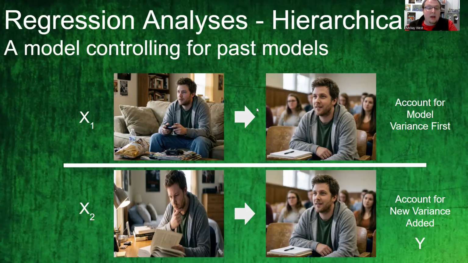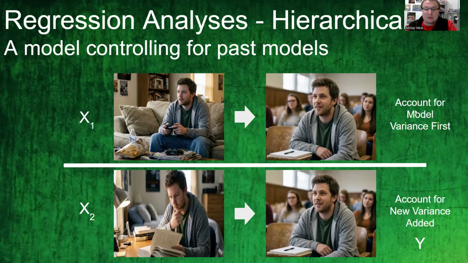So we already know how much video games contributed to classroom intelligence. What a hierarchical regression does is allows us to say, well, on top of what was already explained by video game time, how much more can be explained through reading time's contribution to intelligence.